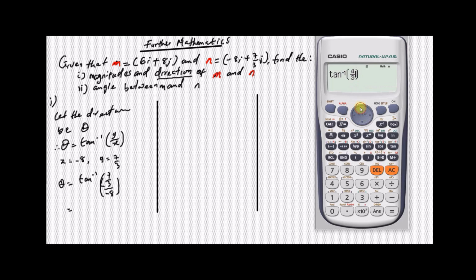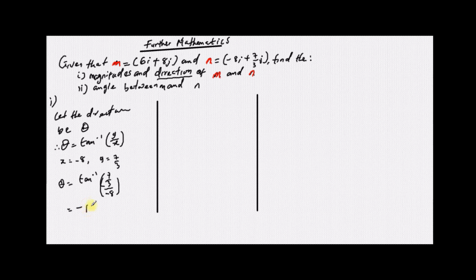So solving this directly again with our calculator, we have 7/3, then we have minus 8. So the answer is minus 16.26.